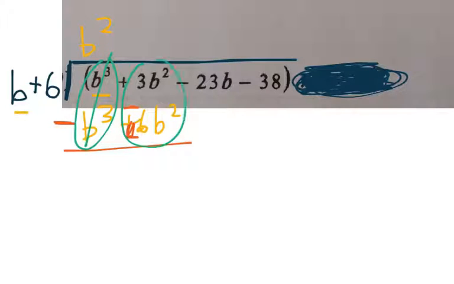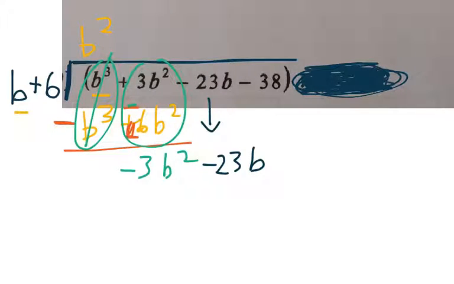What we have right here is 3 minus the 6, b squared. So we'll have a negative 3b squared. 3 minus 6 is negative 3. Now what do we normally do with division, guys, is we just bring down the next term. So I'm going to bring down my negative 23b, and I basically start over again.